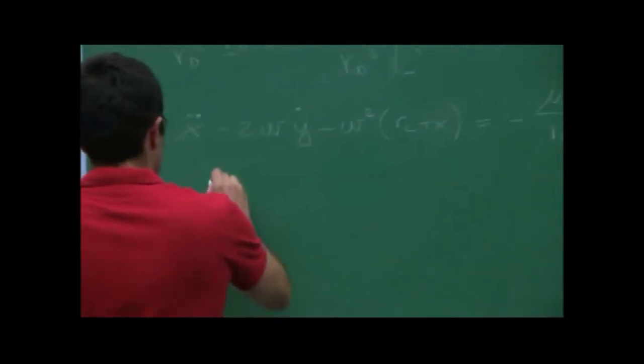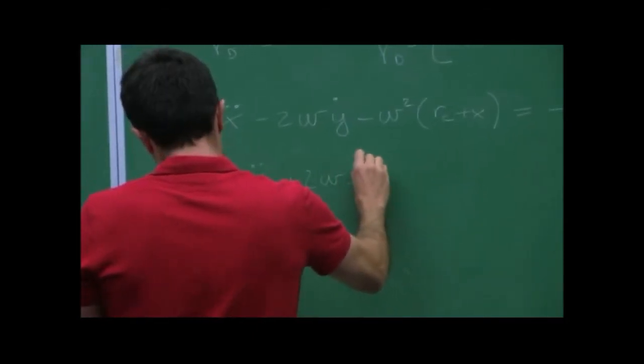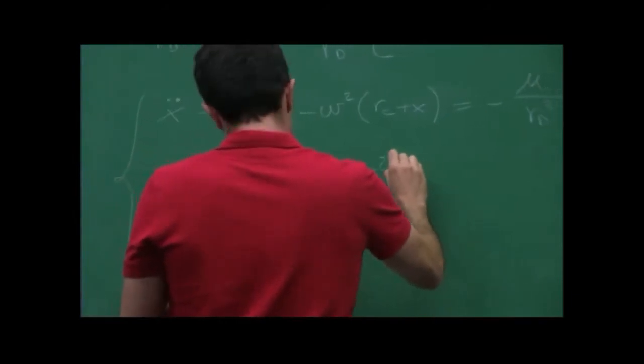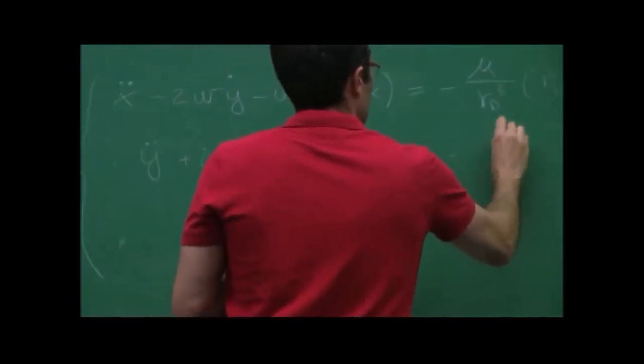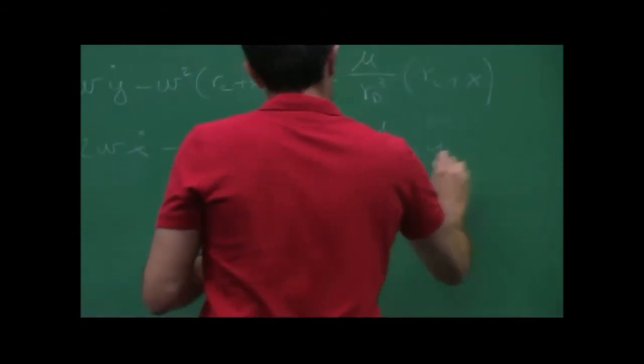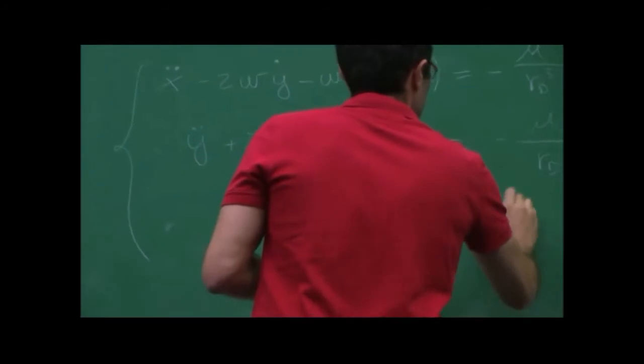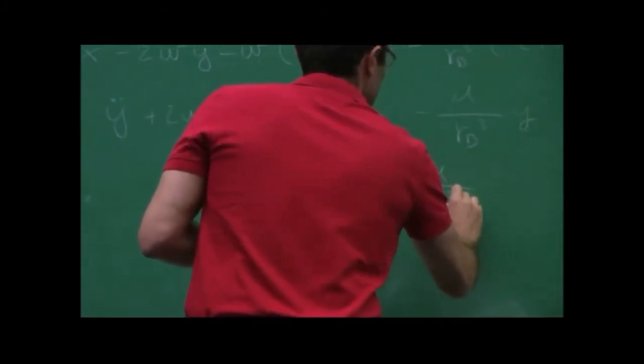The second equation is y double dot plus 2 omega x dot minus omega squared y, which is equal to the same coefficient here, minus mu over RD cubed times y. And finally, z double dot is minus mu over RD cubed z. Agree? I've just taken that vector equation and written it down component by component. I don't want the I, j, and k flying around. Okay.